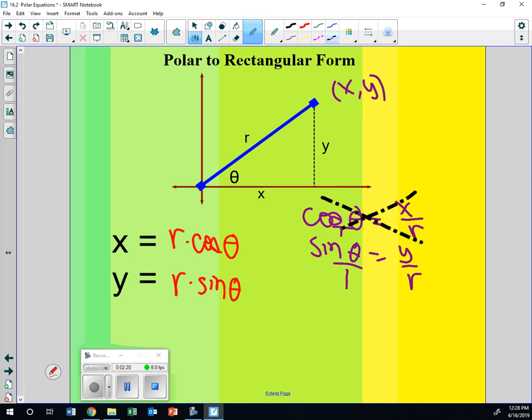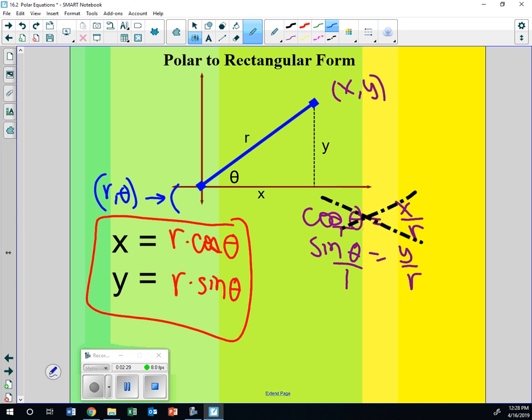This is the formula that we're going to use to go from r, theta to x, y. And this is what they call polar to rectangular. Easy. And you don't have to memorize which is which, because you just look in my formula, the two things that I have are going to be my knowns, and I'm finding these unknowns. And I'll give you all the formulas, but they're easy.